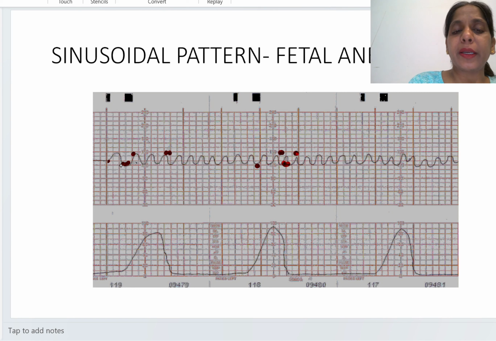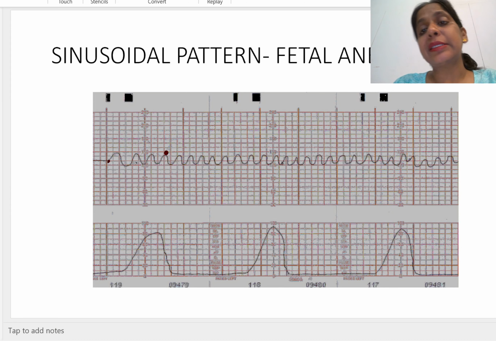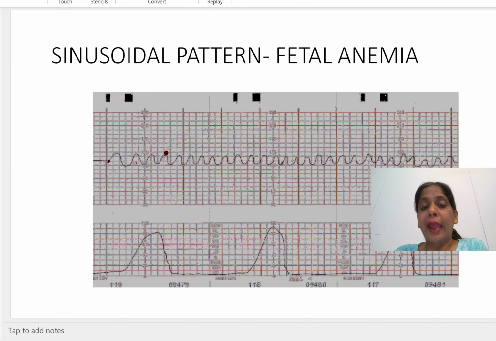It has an up peak and a down peak, and it is seen in fetal anemia. Below the graph is of the contractions. What are the conditions where we get fetal anemia? Vasa previa, Rh negative incompatibility. There we get this type of graph.